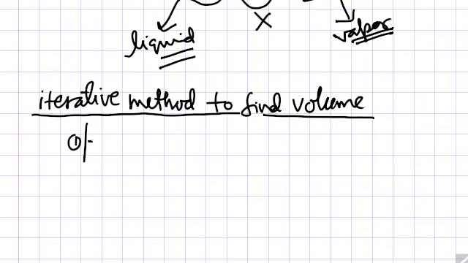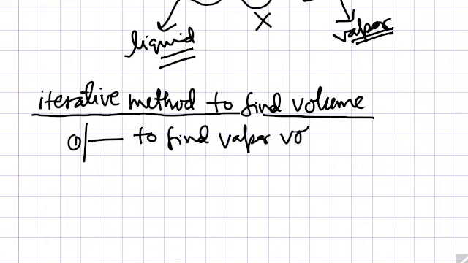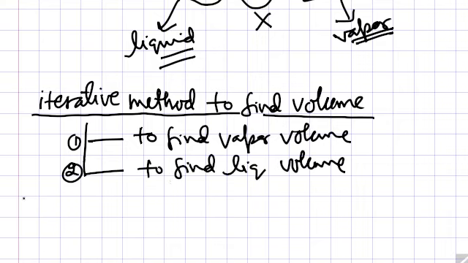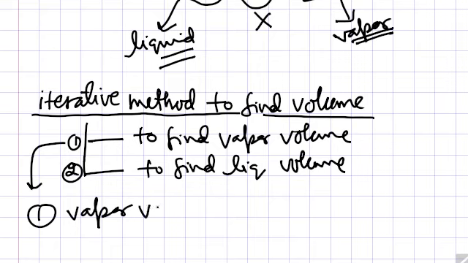The first method is to find the vapor volume, and number 2 is to find the liquid volume. So first we will discuss how you will use the iterative method to find the vapor volume calculation.